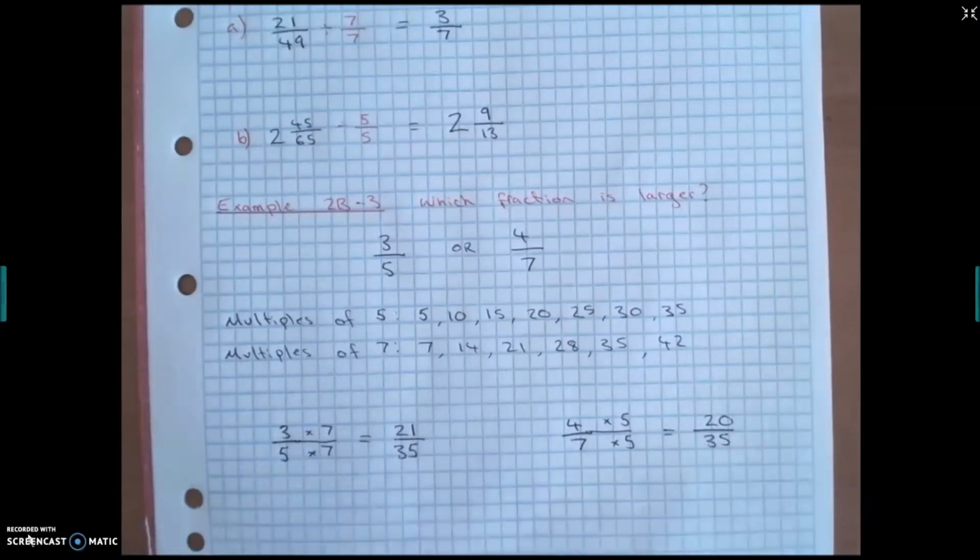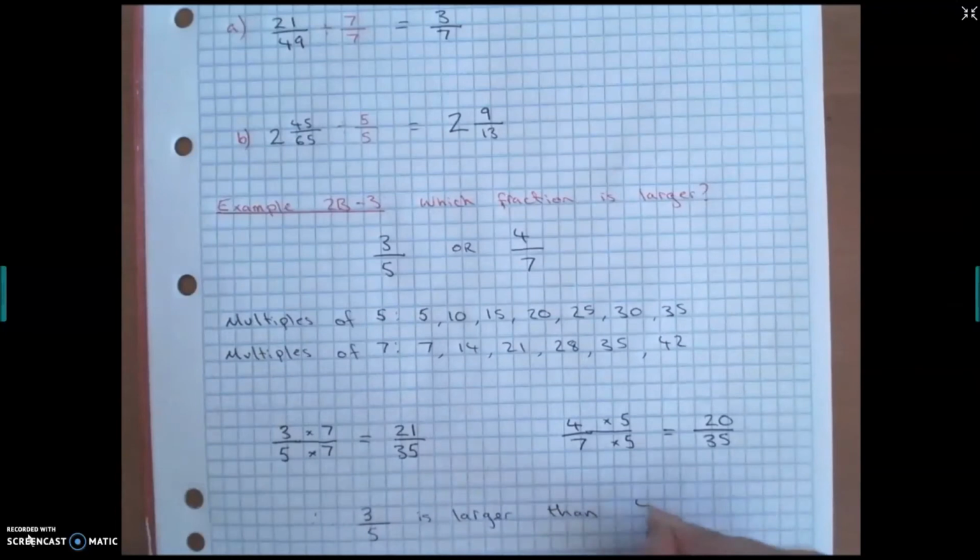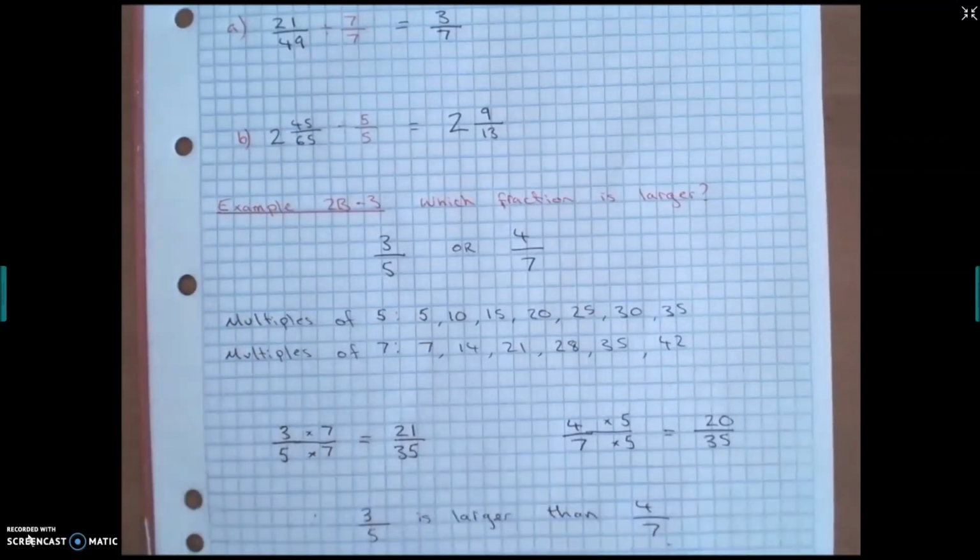So we can conclude that 3 over 5 is greater than 4 over 7. And you can see if we didn't have the equivalent fractions, it wouldn't be very easy for us to make a comparison as to which of the two is larger.